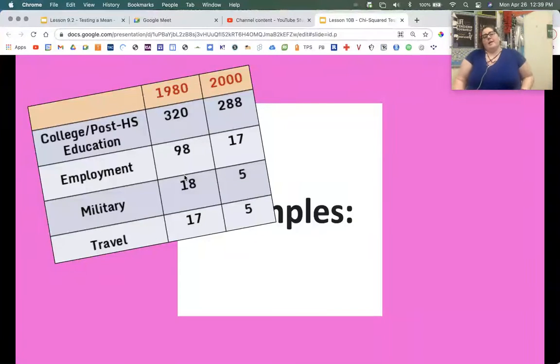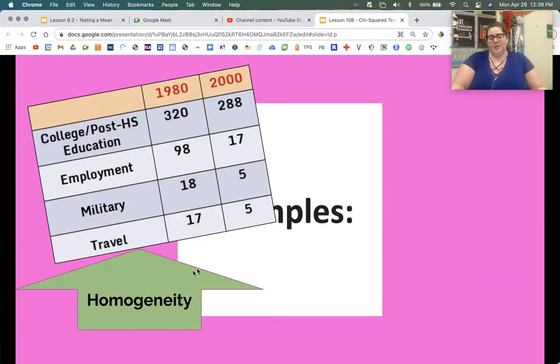Another sample was taken in 2000, and they were asked the same question: is there evidence of a difference in post-high school plans between 1980 and 2000? Based on the wording and based on what we have, that would be a test of homogeneity, right? We have two separate samples because they were taken in different years. So we have two different samples of high school students, and we are asking about evidence of a difference in those post-high school plans for the two different years.